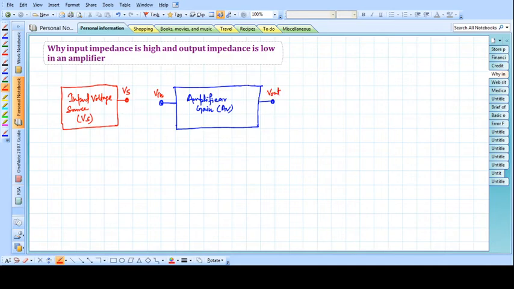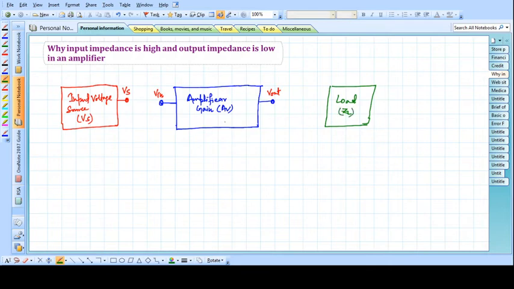Now this amplifier we have to connect with some load, so we are making a block of a load. For example, the load has impedance ZL.